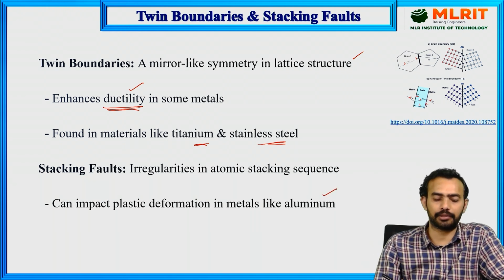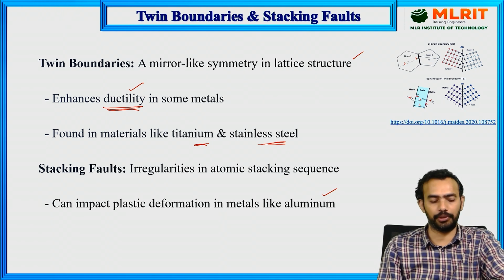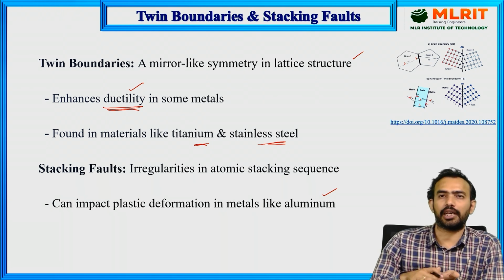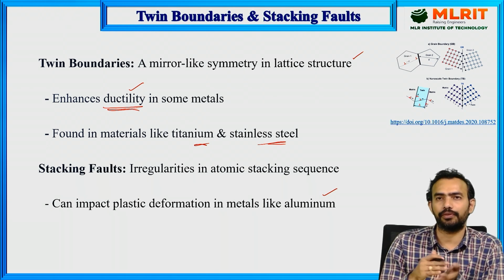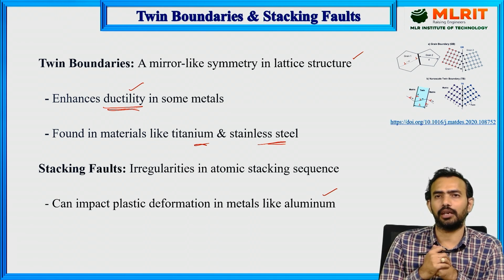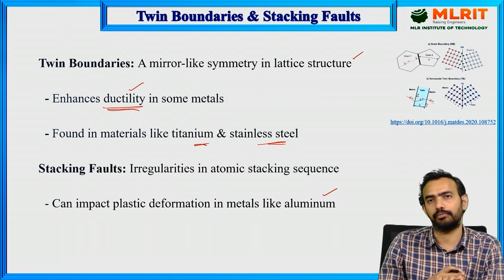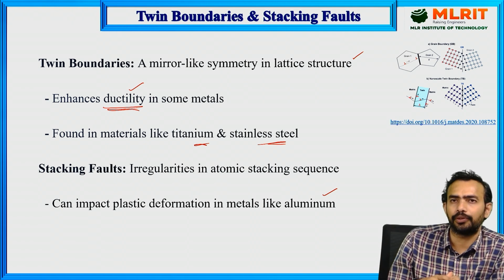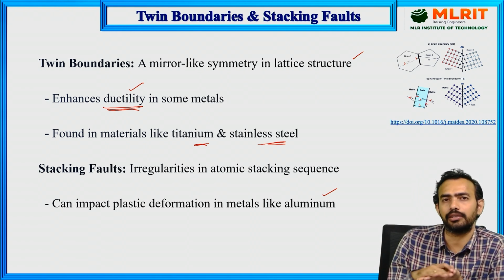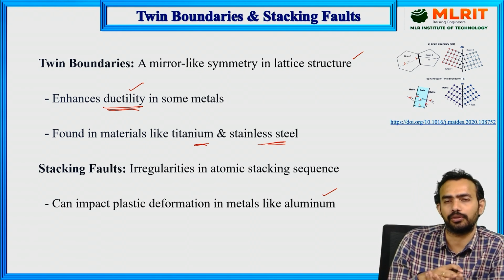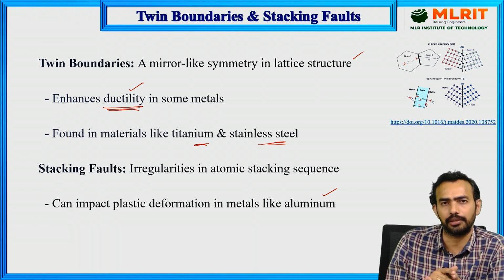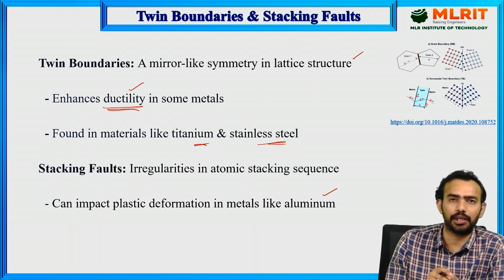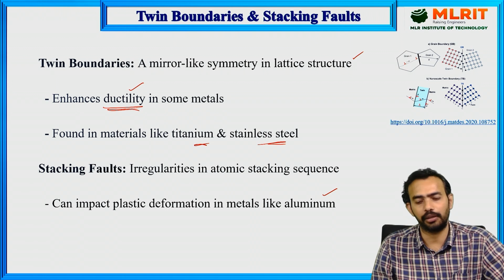It impacts plastic deformation because an entire plane of atoms is irregular. Instead of having a regular stacking sequence, you have one plane with a disturbed arrangement of atoms, so an irregular stacking sequence. That impacts the plastic deformation, particularly in aluminum.